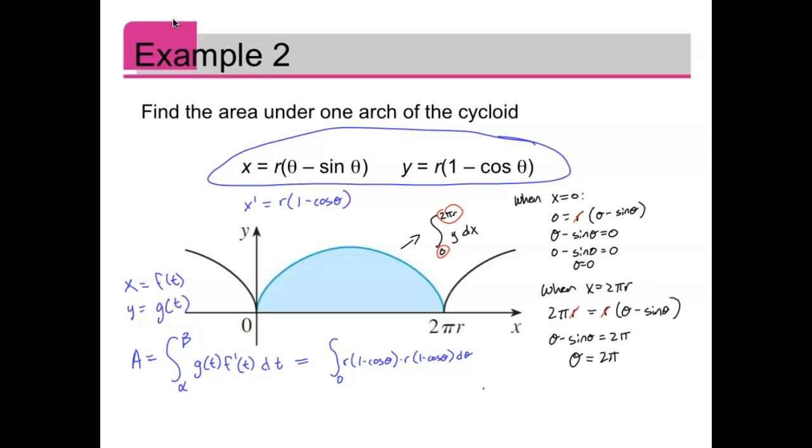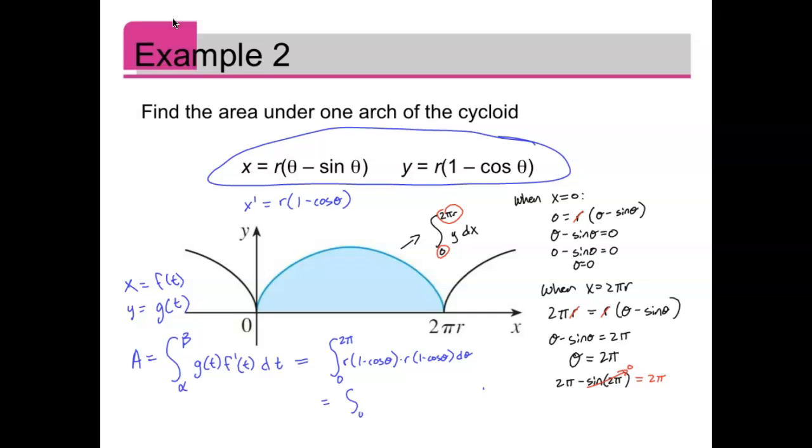Because if I plug in 2 pi, I would have 2 pi minus sine of 2 pi. Remember, the angle 2 pi is coterminal with 0, so sine of 2 pi is just 0. So 2 pi minus 0 still gives me 2 pi, which is what I wanted, right? So my upper limit is 2 pi. All right.